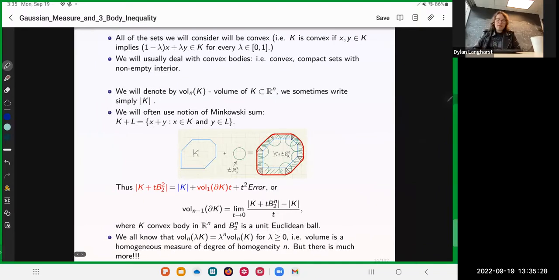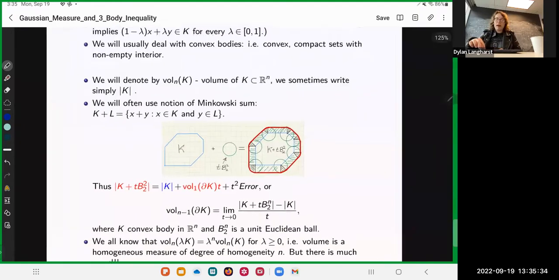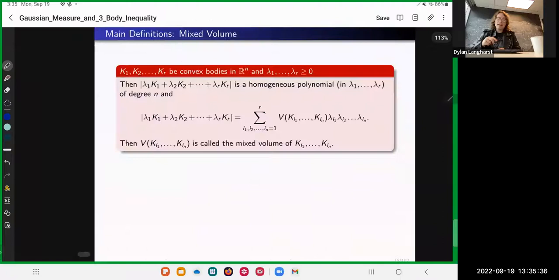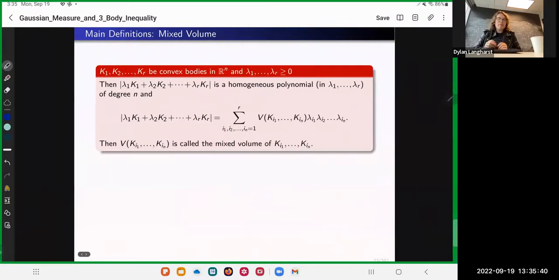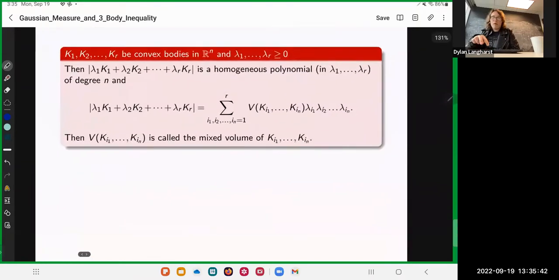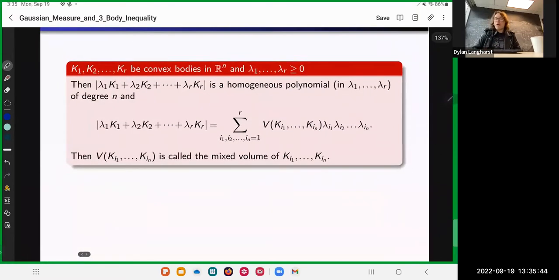And I also remind you that volume is n-homogeneous. So if I have some constant lambda, it'll pop out to the power n. If I combine this idea of homogeneity and taking Minkowski sums, we get what's called the Steiner polynomial.